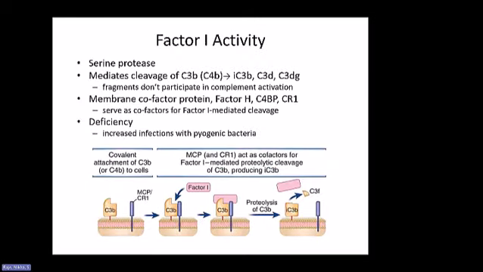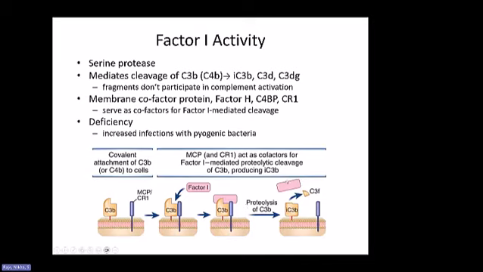Factor I is a serine protease. With the help of membrane cofactor protein, factor H, C4BP, and CR1, all of which are cofactors for factor I, factor I mediates cleavage of C3b and C4b so that they are converted to inactive products. However, a defect in this will lead to atypical HUS as well as increased infections.